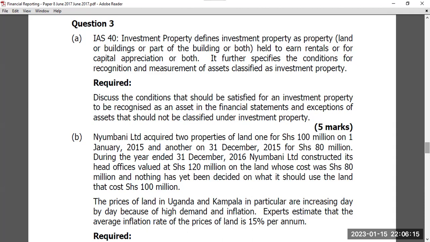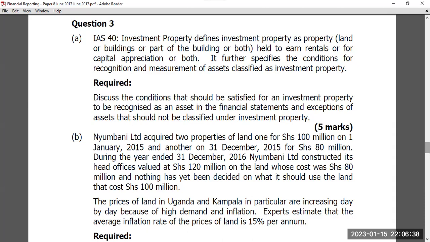Then the other one, of course, is the cost. It should have a monetary value that you can record in the books, because when you're preparing financial statements, we always record monetary values.